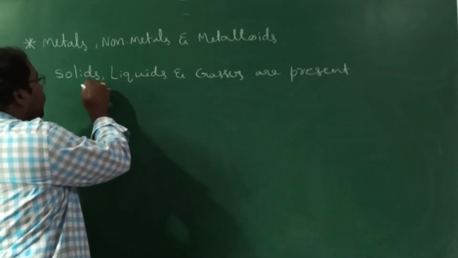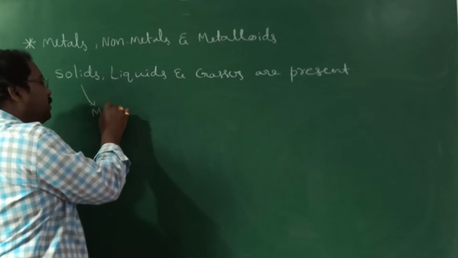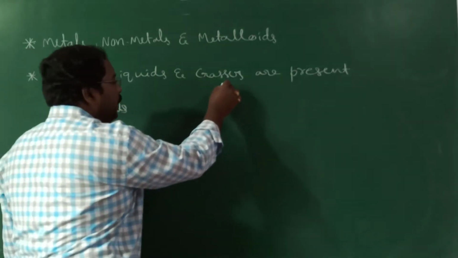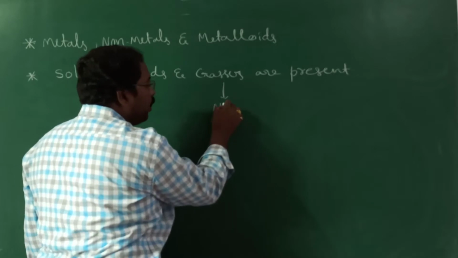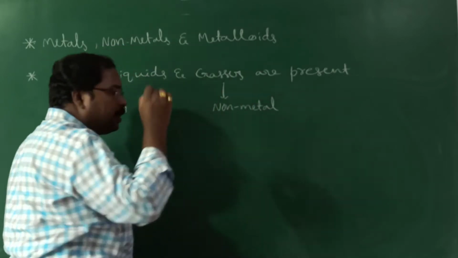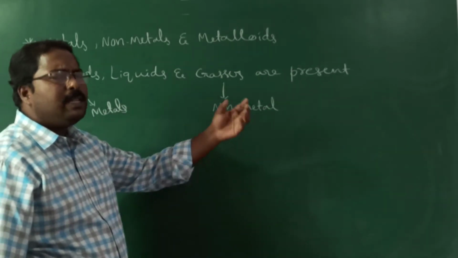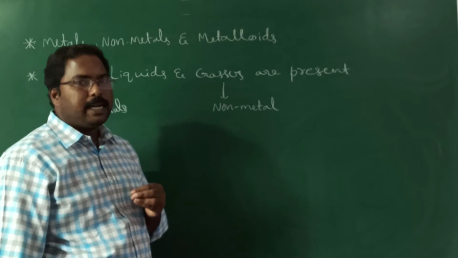We know all these metals are generally solids. Now coming to the gases, we know about some of the non-metals. At room temperature most of the non-metals will be present in gaseous state. Okay, some of the non-metals will even be in the solid state also.